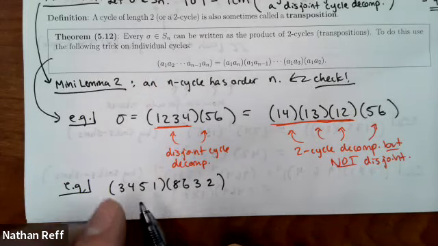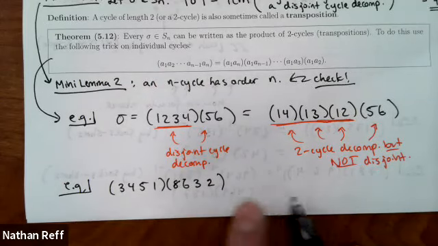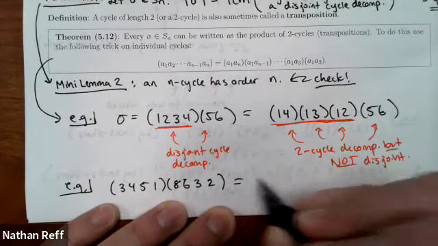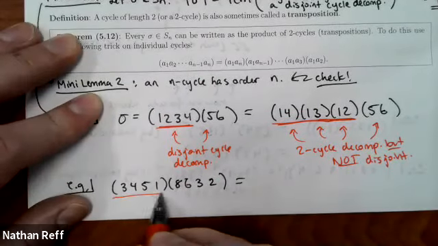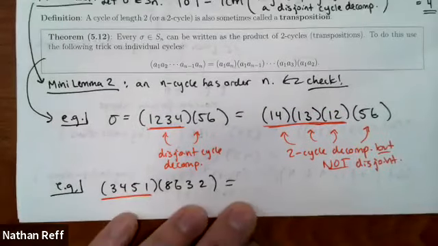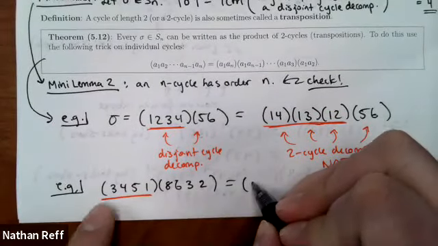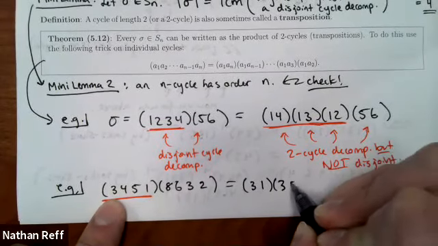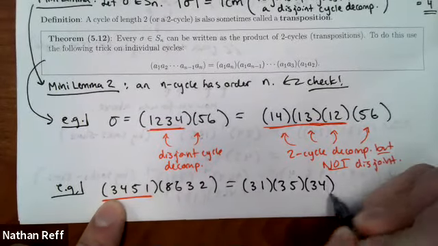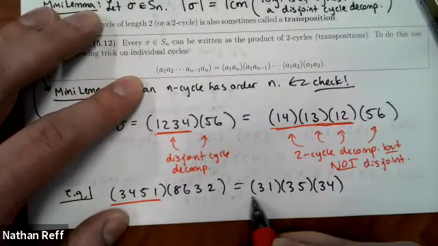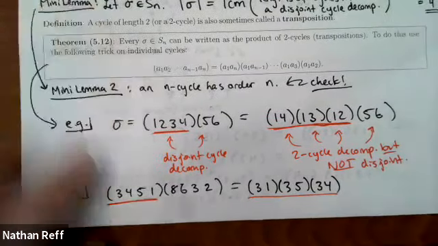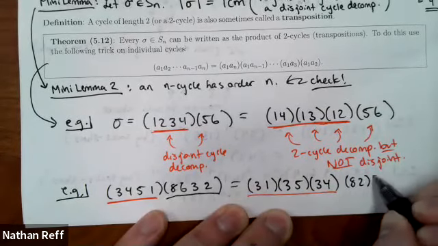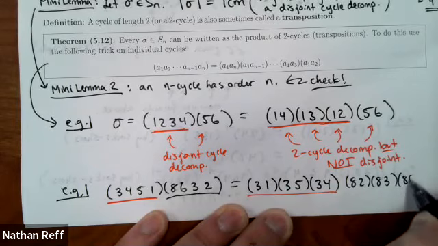So notice that this is not disjoint, but I can still do the trick on it because all you're going to do is do the trick on each individual cycle. So for example, the red here would become first and then the last, first and the second to last, first and the third to last. And this 4 cycle would become (8 2)(8 3)(8 6).